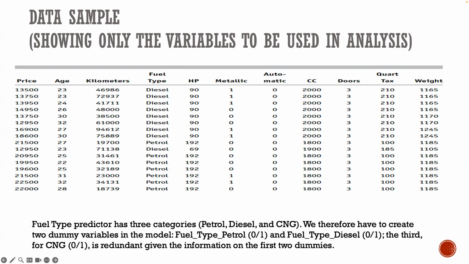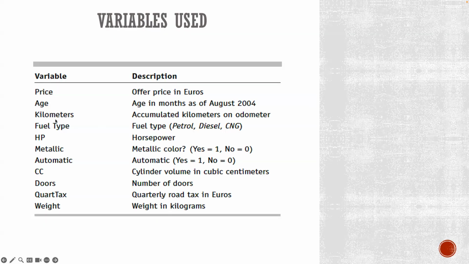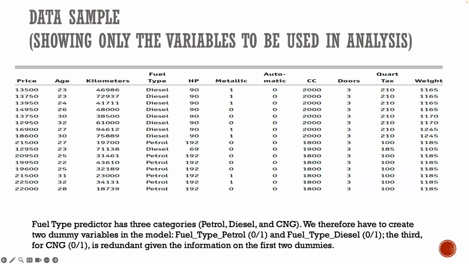Now notice that fuel type is a categorical variable, as we've got three types: petrol, diesel, and CNG. So it's very important to first convert this variable into dummy variables. For fuel type, the data currently lists diesel, petrol, CNG, etc. But we'll have to convert that into three columns.